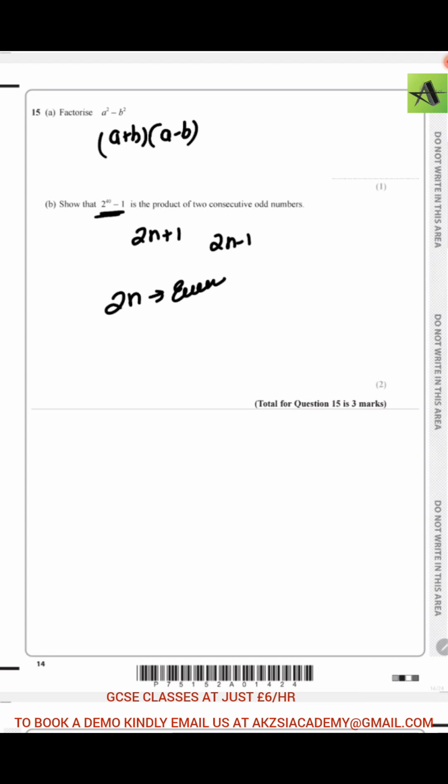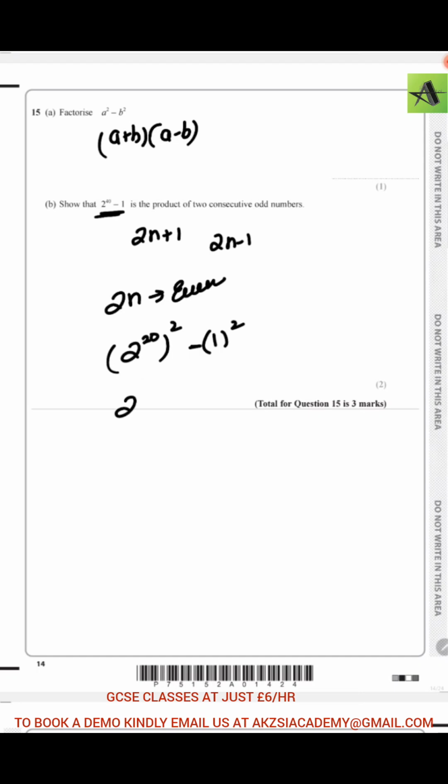So 2 to the power of 40 can be written as 2 to the power of 20 whole squared minus 1 squared, which resembles exactly a squared minus b squared. So I can factorize it. How do I know that I have to factorize? Because factorization is actually the product of two terms, right? So that's why I have to factorize, so that I can find the product of two different terms.